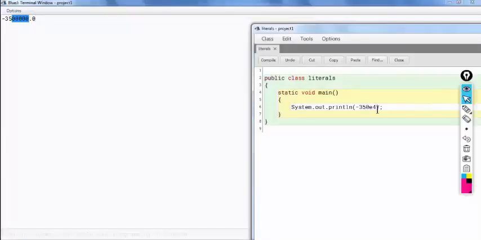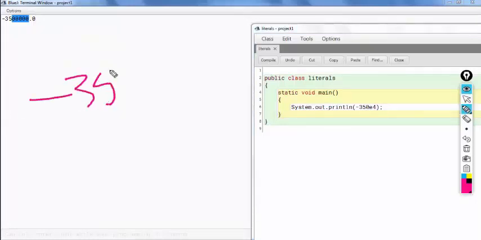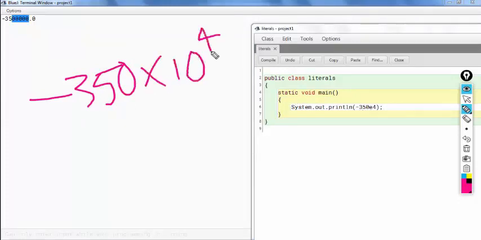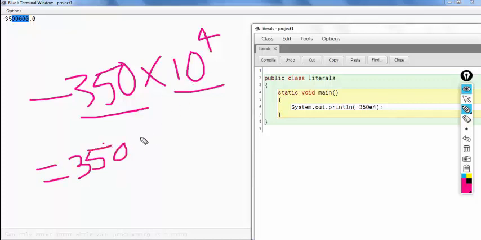So our number given is minus 350 E4. E4 means into 10 to the power of 4. So if I multiply the number here by 10 to the power of 4, the number will be 350 followed by 4 zeros.